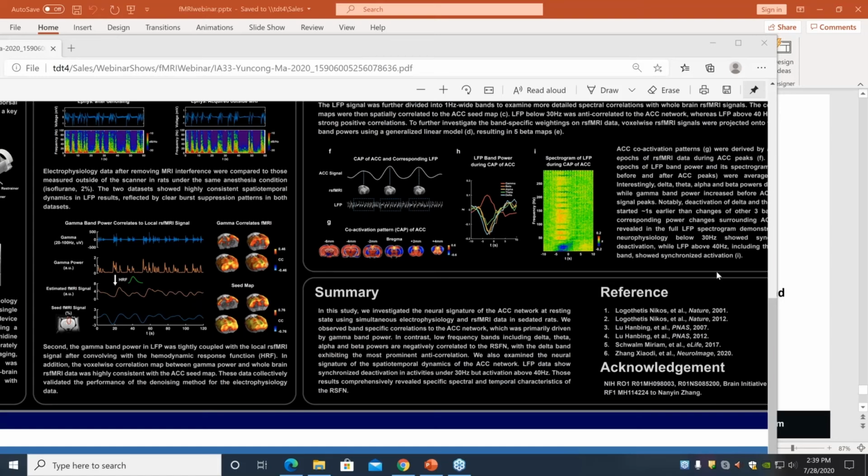And now we can get the multi-unit activity by blanking out the MRI interference. So we could get a full spectrum analysis that is part of our ISMRM talk by my colleague. If you want to look at it, you could search by her name and watch the video. Thank you.